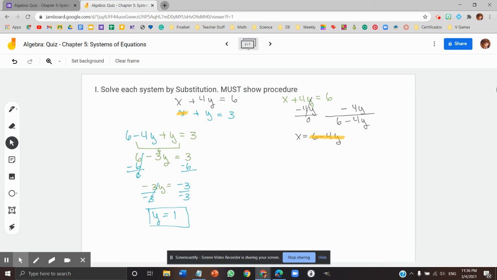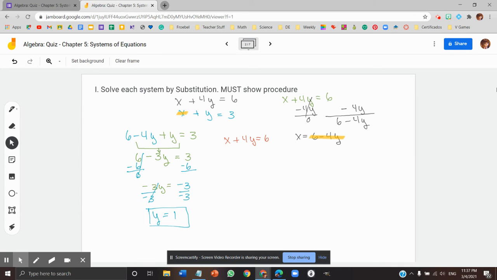So I'm just going to take any of the original equations and substitute that y. I'm just going to take the first one, right? So the first one says x plus 4y equals 6.